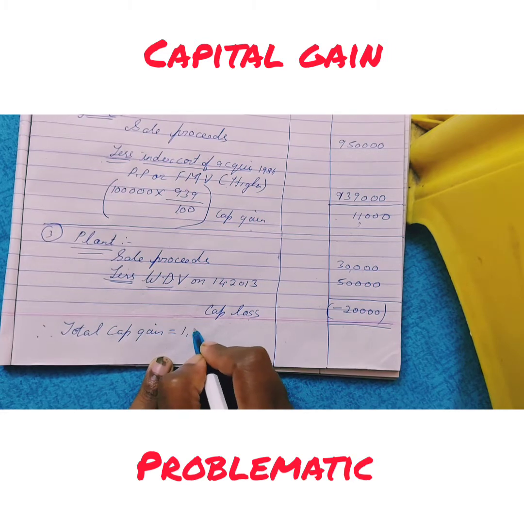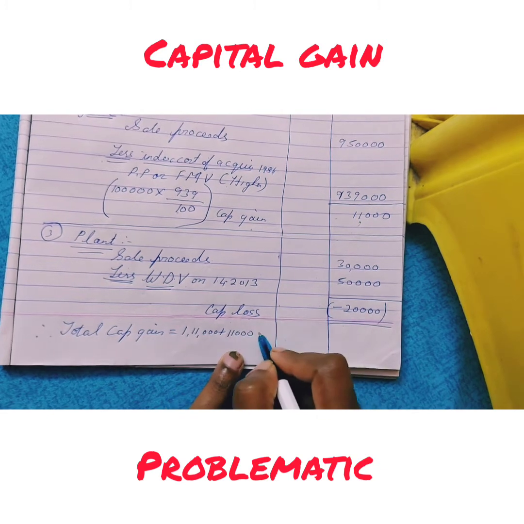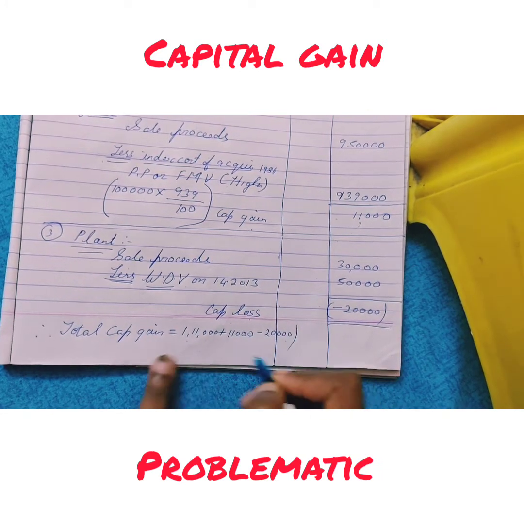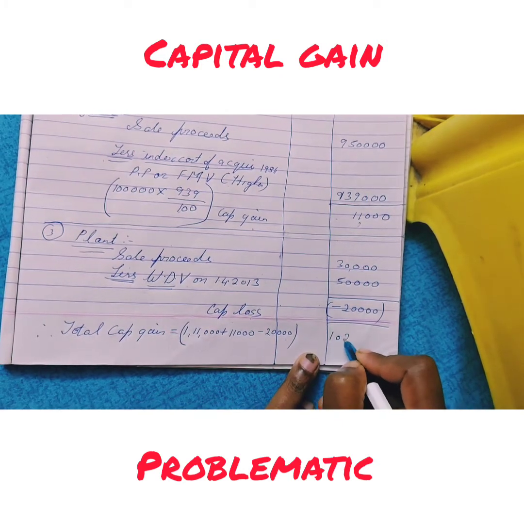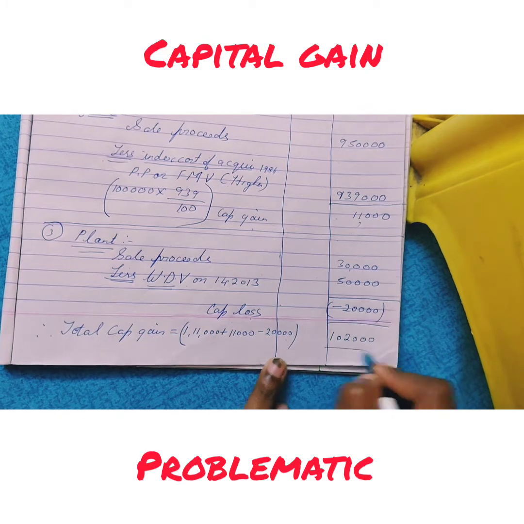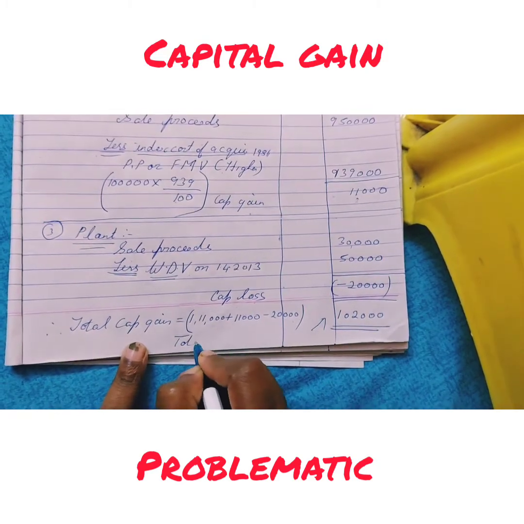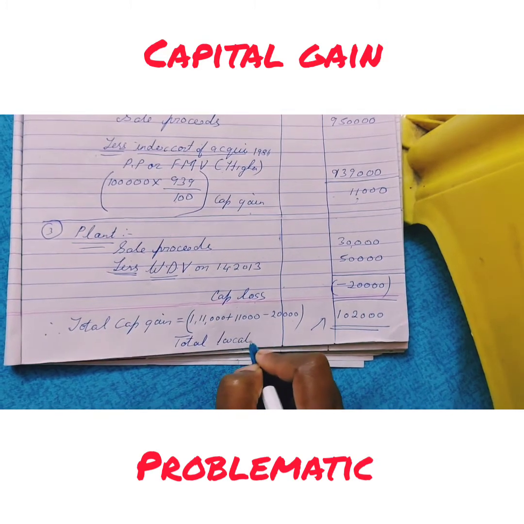First one is 1,11,000, second is 11,000, minus the third one, 20,000. Okay, so after deducting I got 1,02,000. This is my total taxable gain.